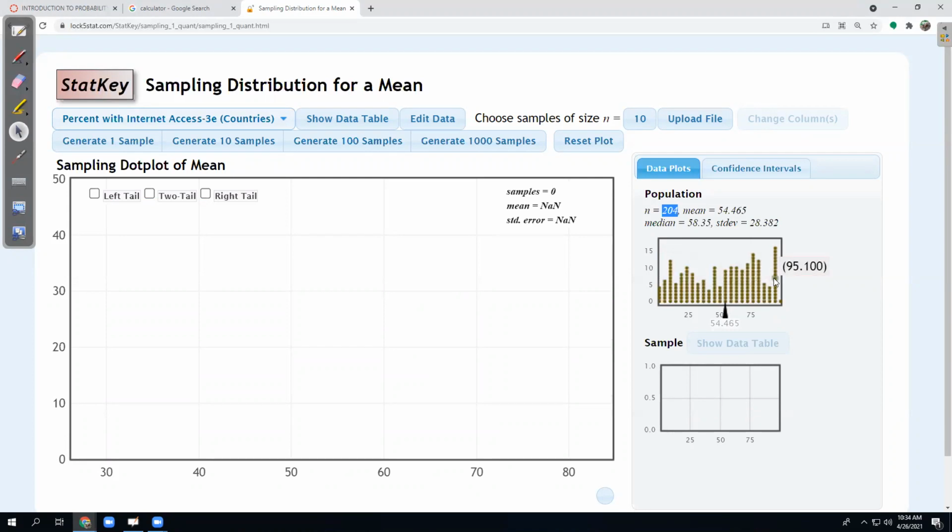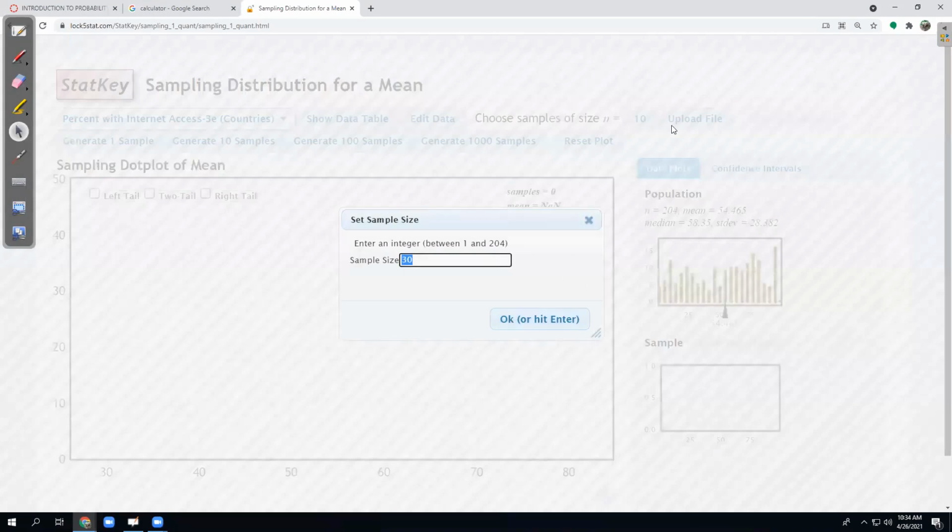There's other countries where 95% of the people in the country have internet access. But on average, this is kind of a flat distribution. There's about just as many with very little or a medium amount, like 50% internet access, or most people have internet access. Now, if we do a sampling distribution, so that means of these 204, let's grab samples of size 30 again.